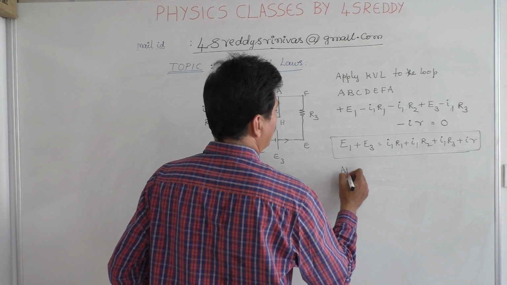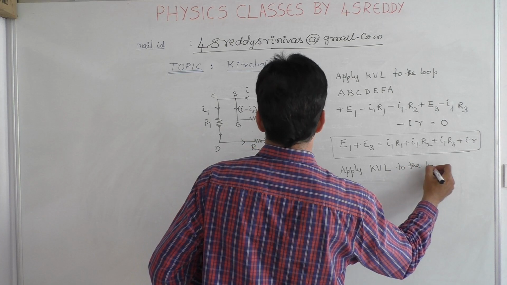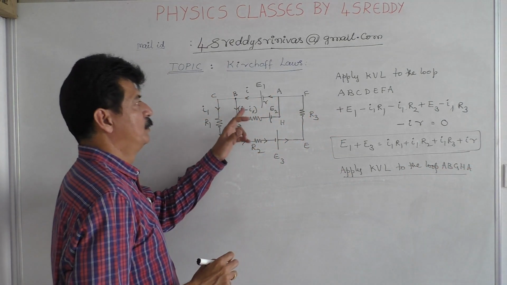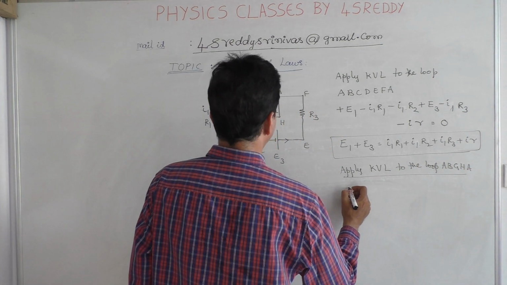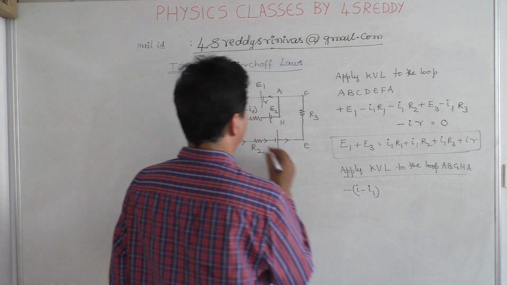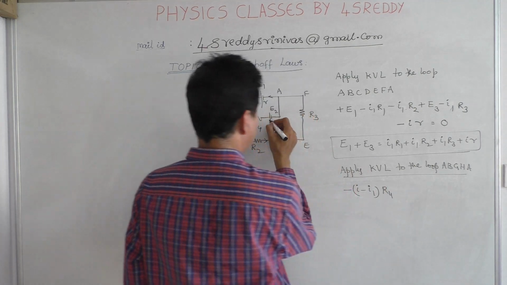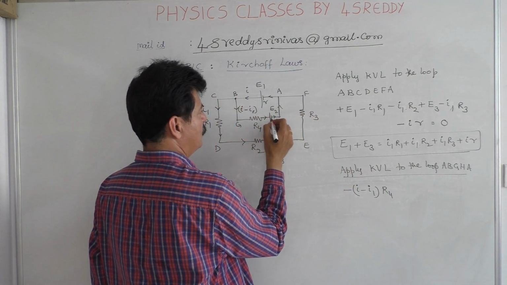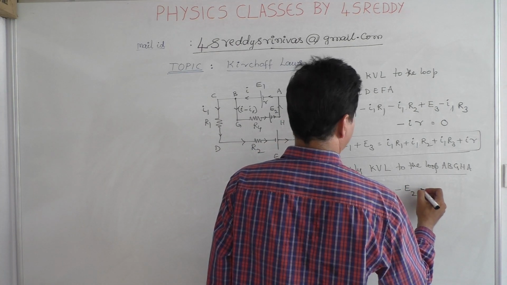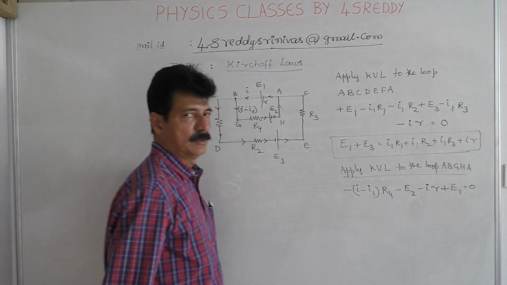And also we can apply KVL to the loop ABGHA. For this loop, minus I minus I1 into R4, if you have a resistance of R4 for this, and here the current is flowing in this direction, positive to negative, so minus E2, and then minus IR plus E1 is equal to 0.